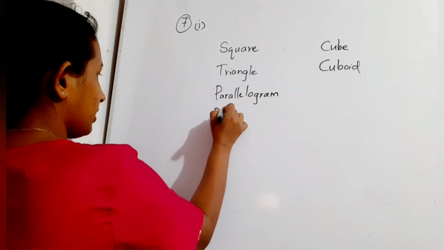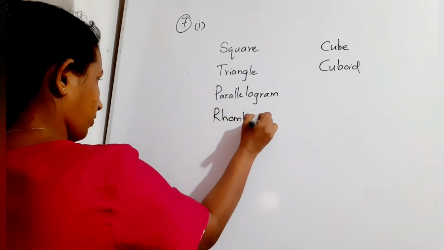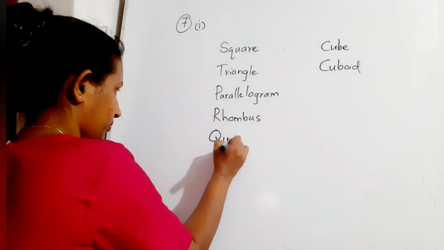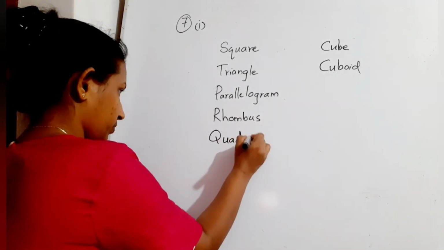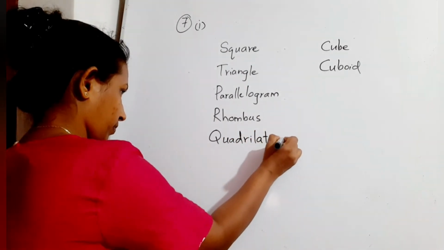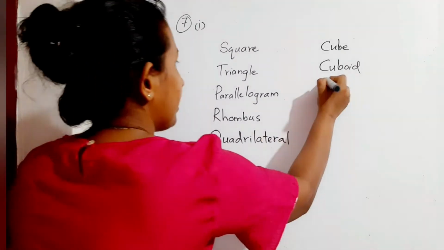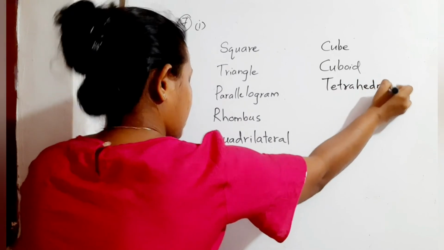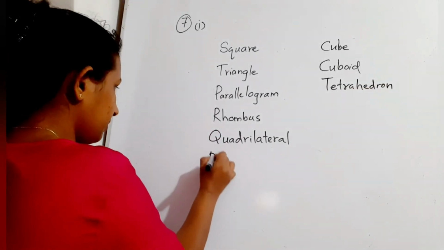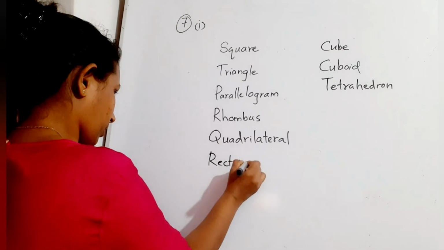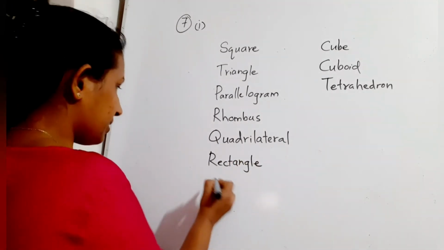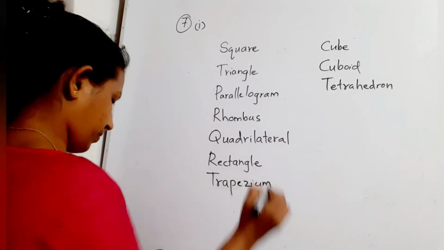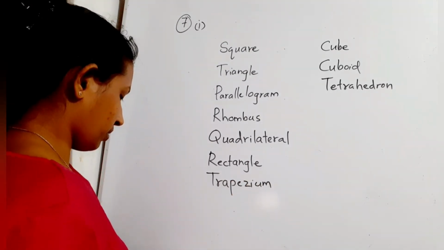Rhombus is also a rectilinear plane figure. Quadrilateral. And tetrahedron is a solid. Rectangle, trapezium, and cylinder.